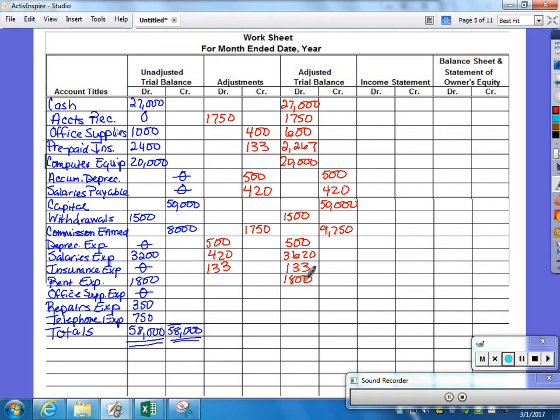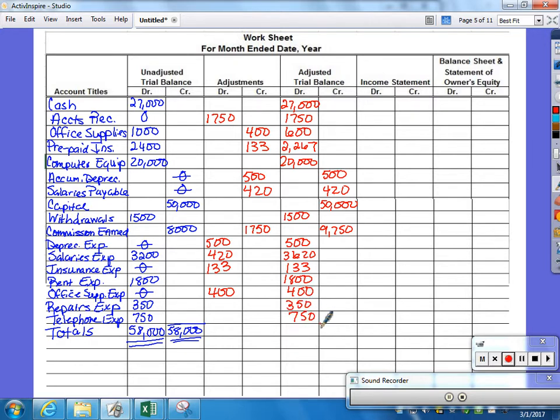Increase 400. So we're going to increase it 400, and the new balance is also 400. Did repair expense change? No. Telephone expense? No. So we just bring those over.